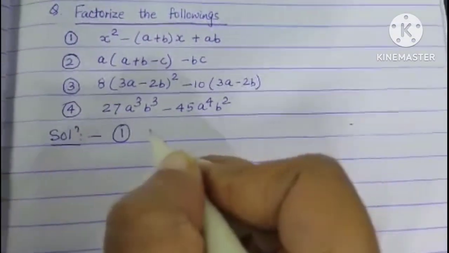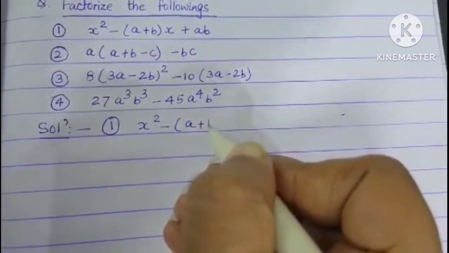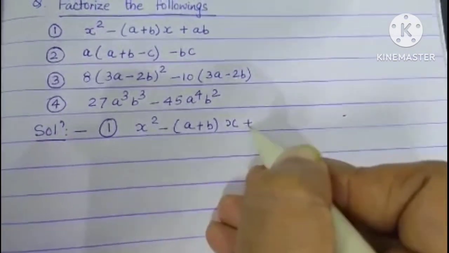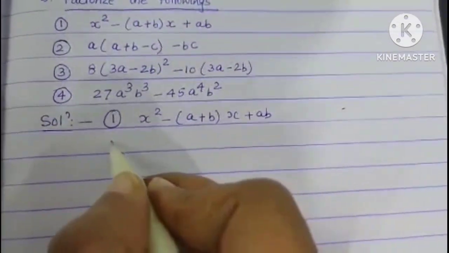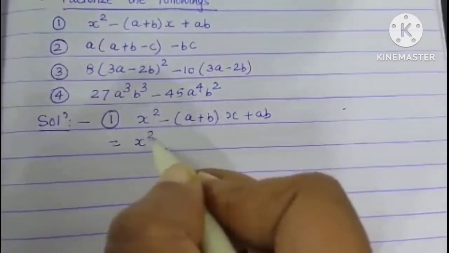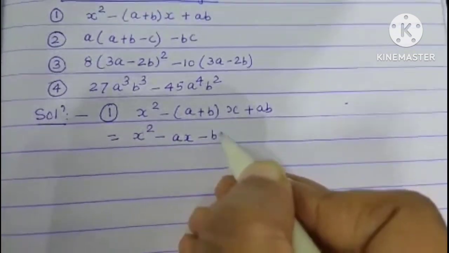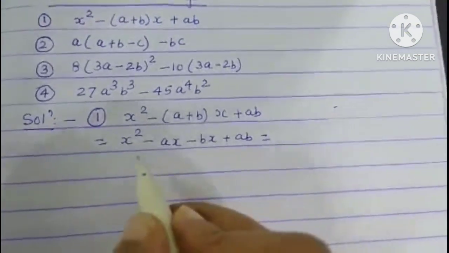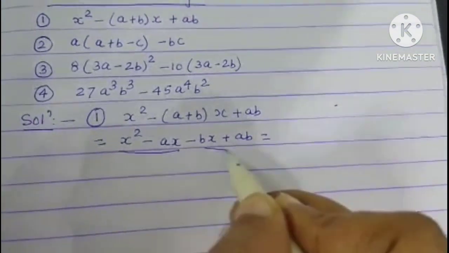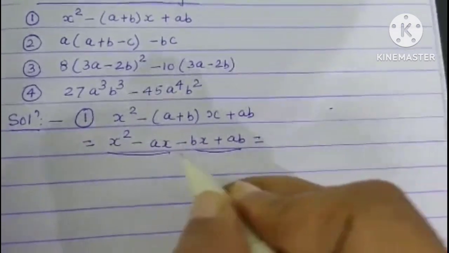Solution of 1. The question was: x² − (a + b)x + ab. Here we will have to do the grouping. So let's write it like this. Let us break this one: x² − ax − bx + ab. Now take these two as a grouping and these two as a grouping, and let us see whether we are benefited from this or not.